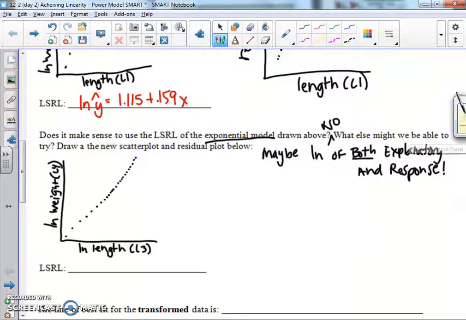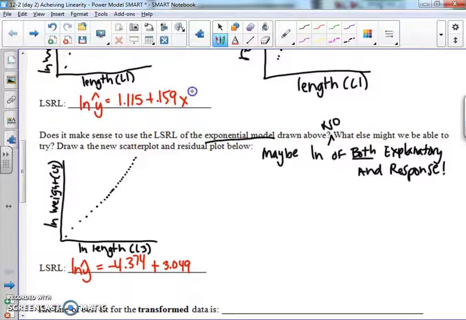So think carefully about how we would write this. You know that before, when we took the natural log of y, we wrote that we took the natural log of y. We wrote the y-intercept, negative 4.374, and then plus, we would write the slope. The slope is 3.049.